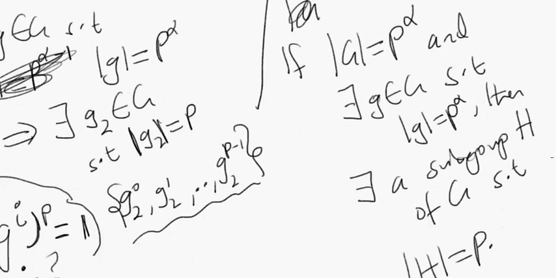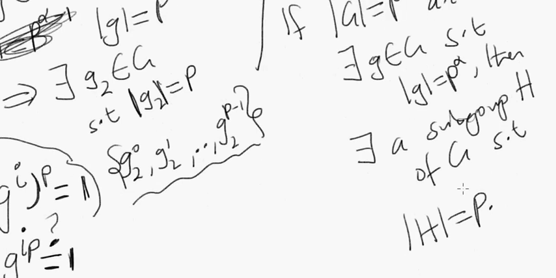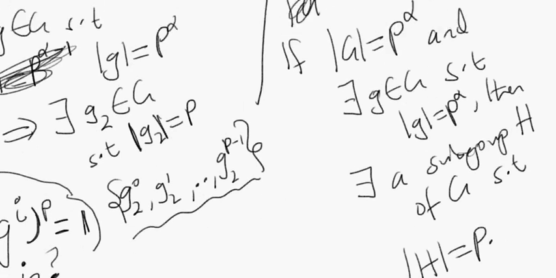Would you at least agree with this statement, provided we have an element of order p to the alpha? If we can't prove the whole case, at least maybe we can prove a special case. If we have an element of order p to the alpha, are we at least guaranteed that there must be a subgroup of order p?